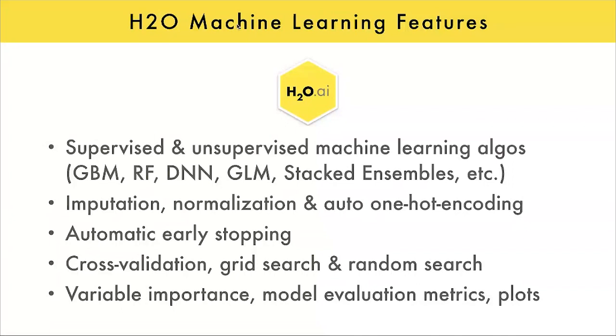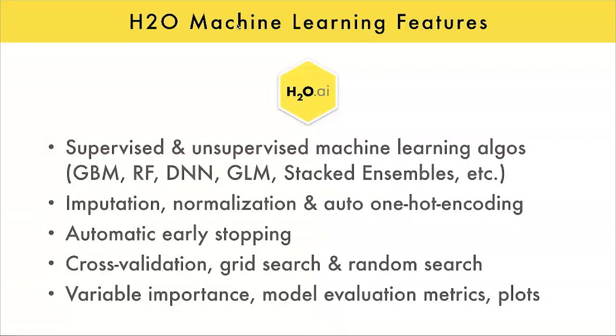That's probably one of the most popular algorithms that people use. RF, random forest. DNN stands for deep neural networks. GLM, generalized linear models. Stacked ensembles is something that maybe not everybody's heard of, but it's a way to combine multiple models into one super model.